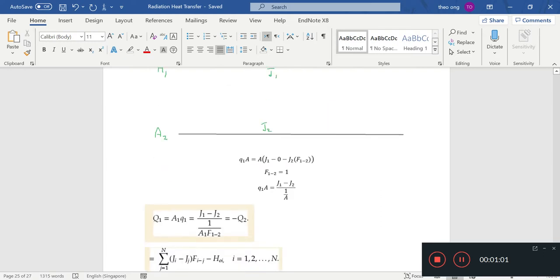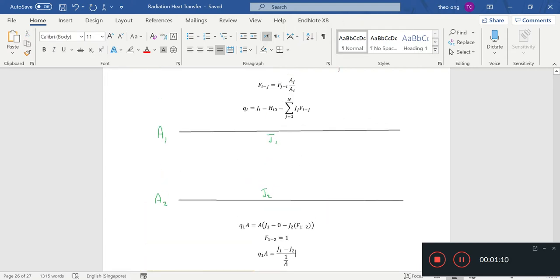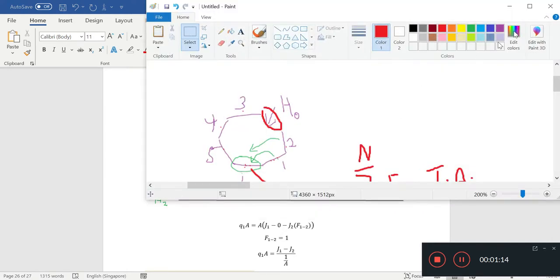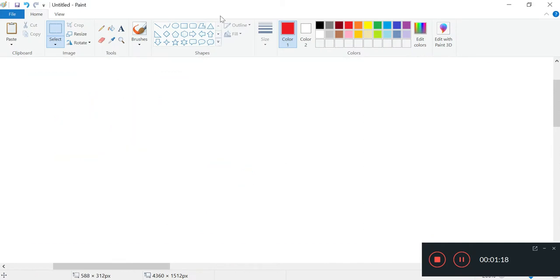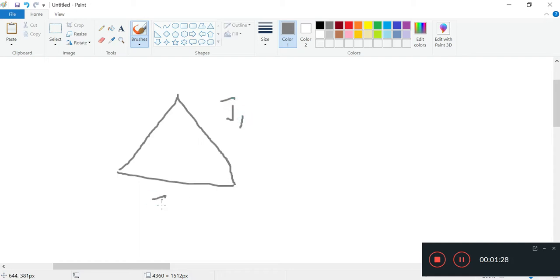Now where this similarity breaks down, this similarity will break down once you have more than one surface. So let's say we have a slightly different case where we have, let's say, 3 surfaces. So we have J1, J2, and J3.